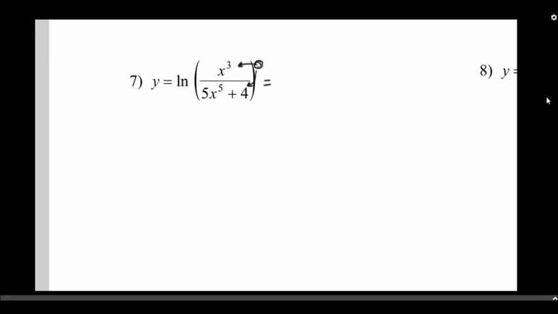So this will be the natural log of x to the ninth over 5x to the fifth plus 4 to the third power.